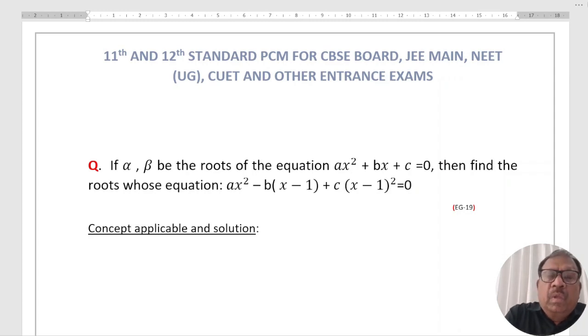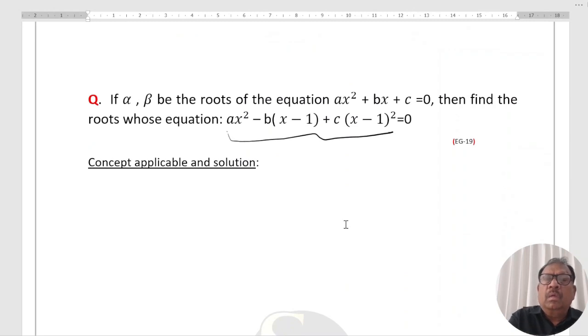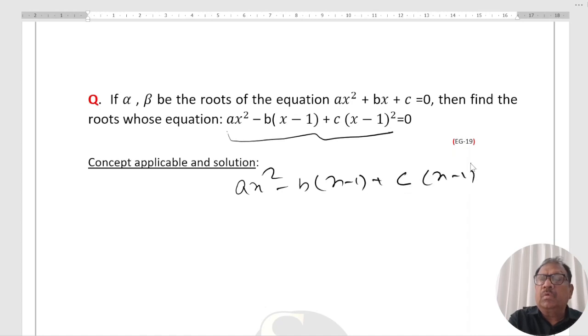The question is: if alpha and beta are the roots of the equation ax square plus bx plus c equal to 0, then find the equation whose roots are these. The given equation is a x square minus b x into x minus 1 plus c into x minus 1 whole square equal to 0.